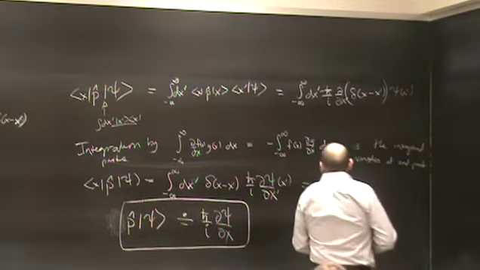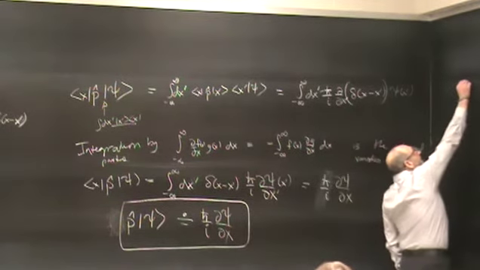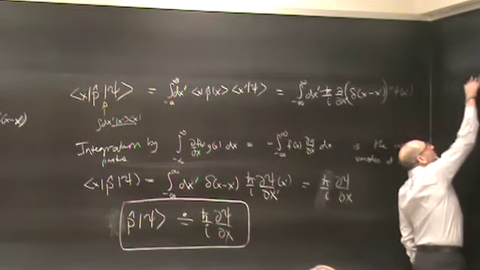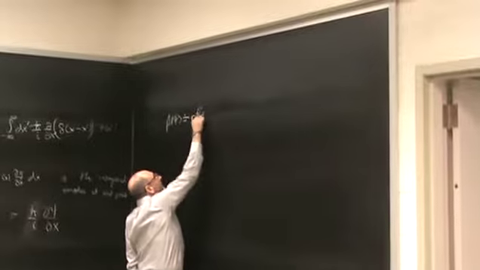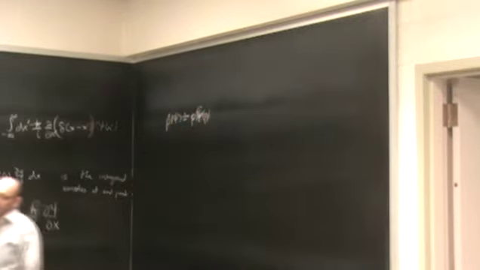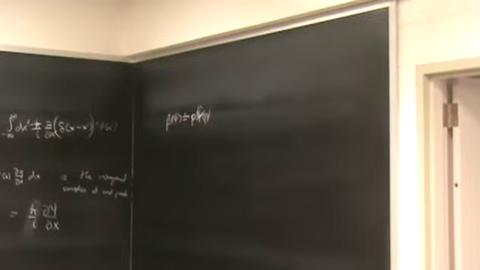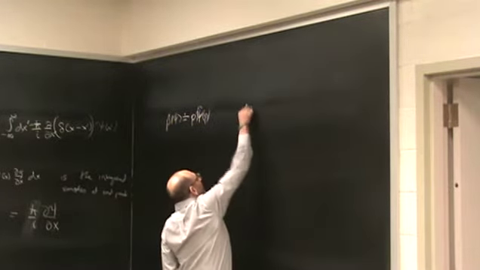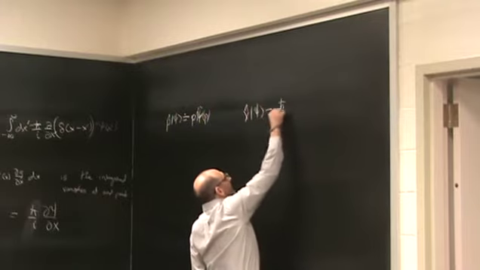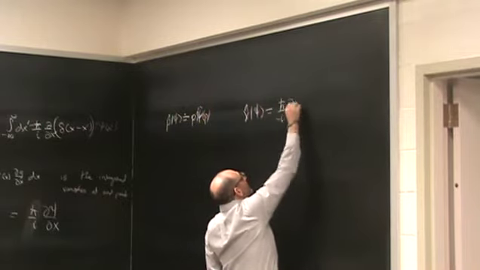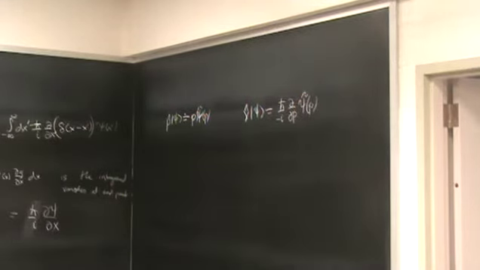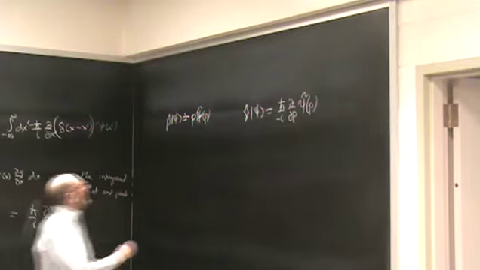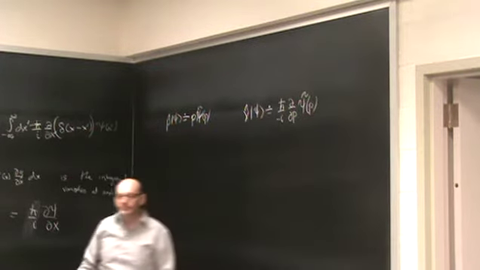Of course, we can do it the other way around. In momentum space, the momentum operator acts as multiplication by the momentum value, and the position operator acts as a derivative, but with the other sign. Exactly the same way. So those are the representations of position and momentum operators in wave mechanics.